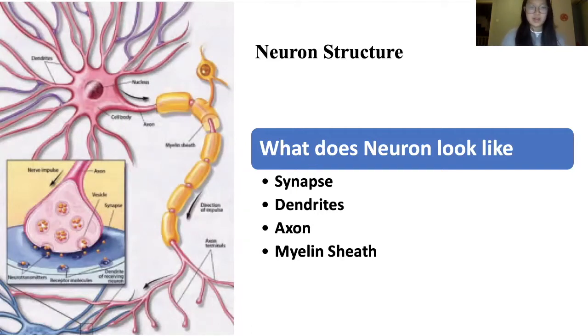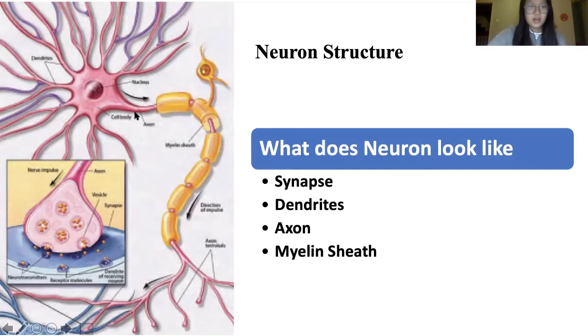Dendrites are the pink ones here, and synapses are covering all of these. In the middle there is the cell body, the circle one, and in the middle of it is the nucleus.